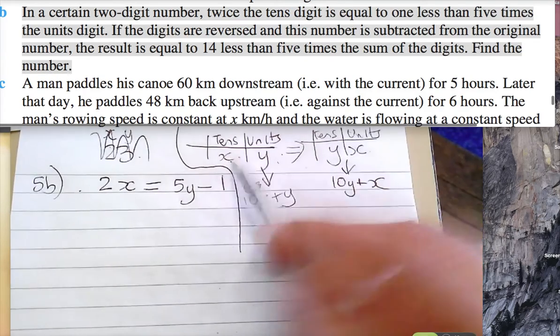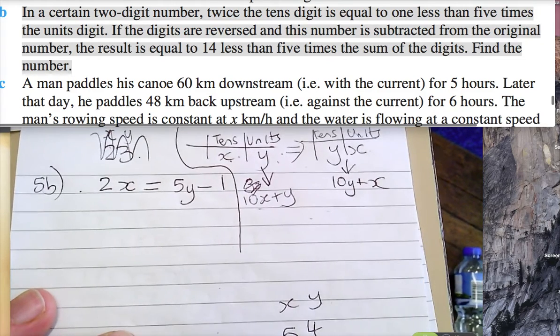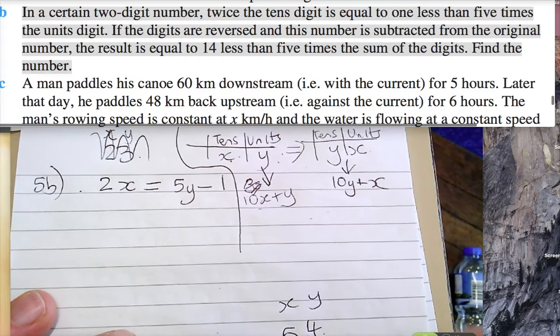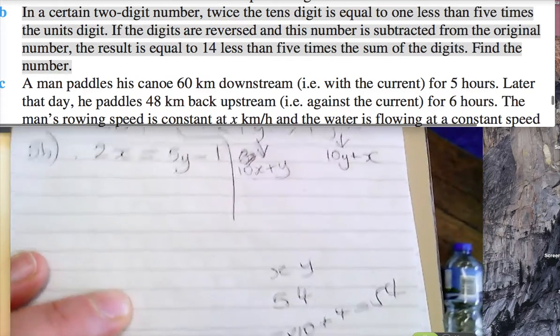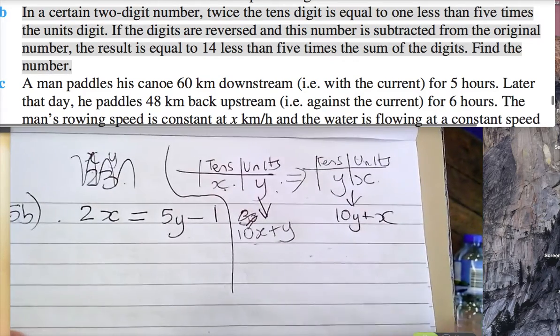But let's say the number's 54. If you do 5 times 4, what do you get? 20. But it's not 20, it's meant to be 54. It's got to be 5 times 10 plus 4, which gives me 54. Yes, so it's 10x plus y.